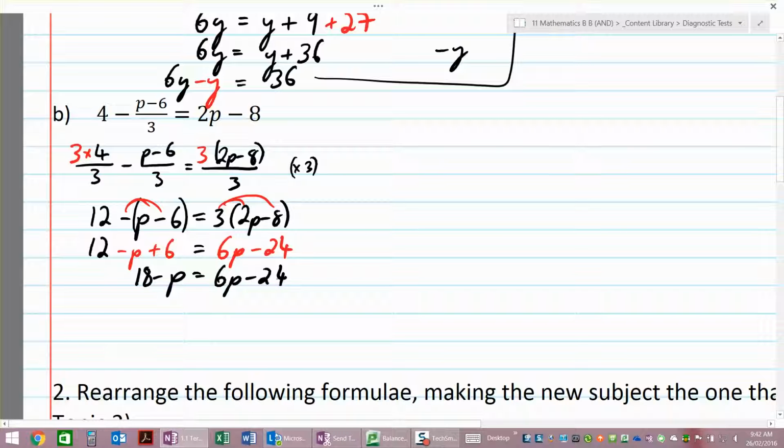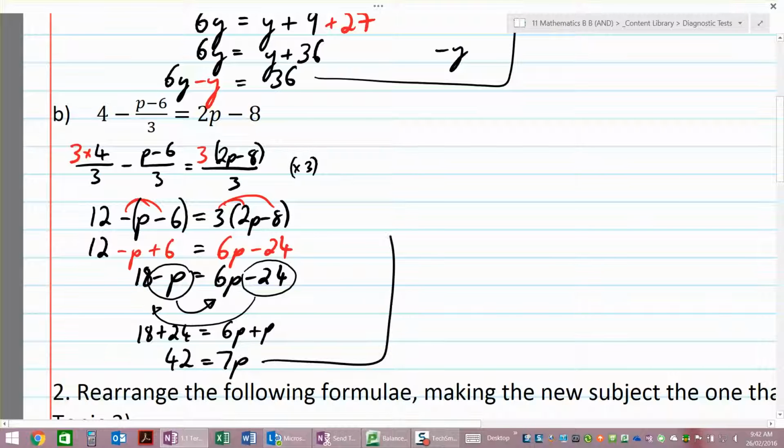So I'm going to bring all the p's. So this minus p will come to this side, and this minus 24 will come to the other side. I'll be left with 18 plus 24 equals 6p plus p. Okay, so we get 42 equals 7p.